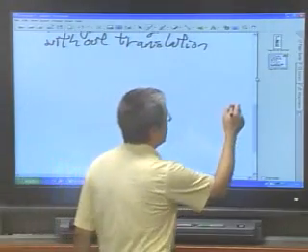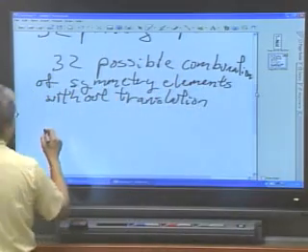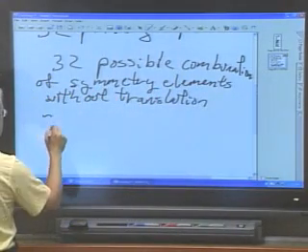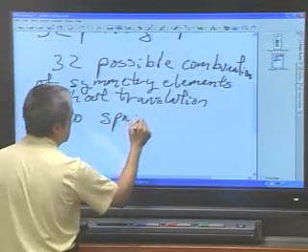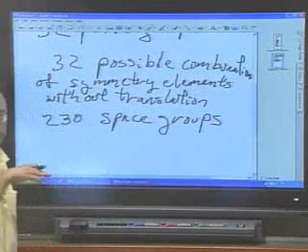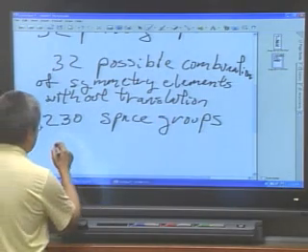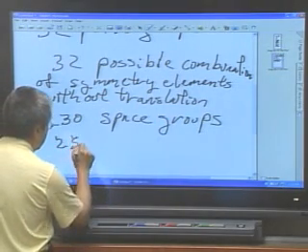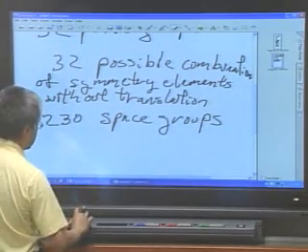you will basically have what is called the 230 space groups. Every one of these space groups, by the way, belongs to one of the point groups. And the only difference between the space groups is that you are taking the combinations of symmetry elements with translation.